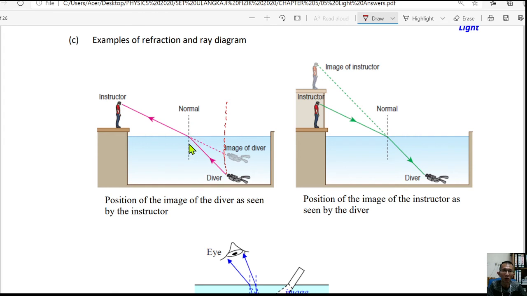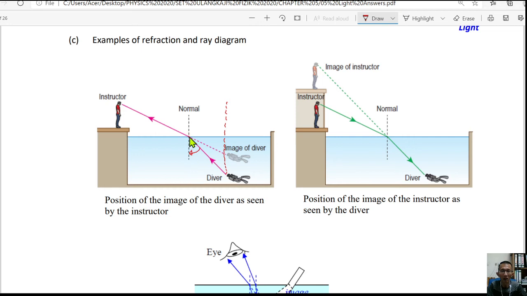So I draw a normal line, and I know that if I work in reverse from less dense to more dense, from air to water, what happens if I enter a more dense medium? It will be refracted towards the normal. So that's why I have a bent line here, going towards the normal.